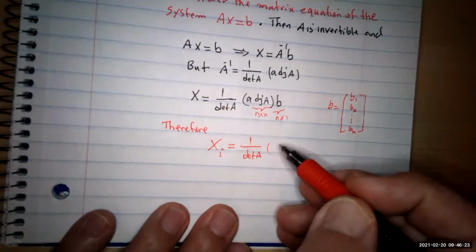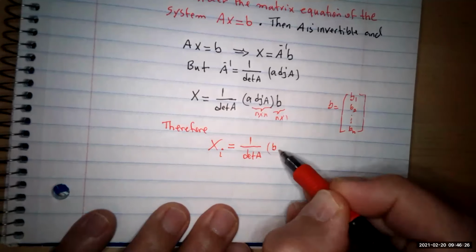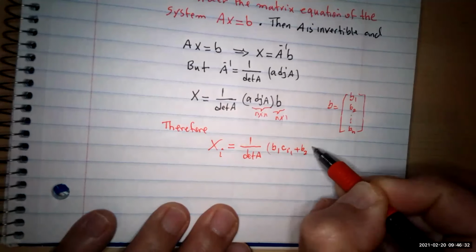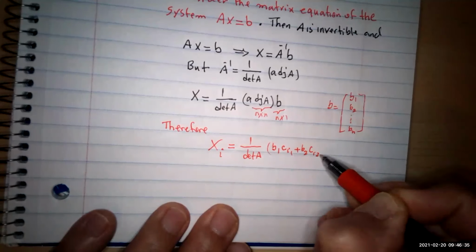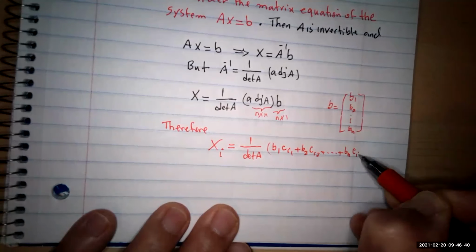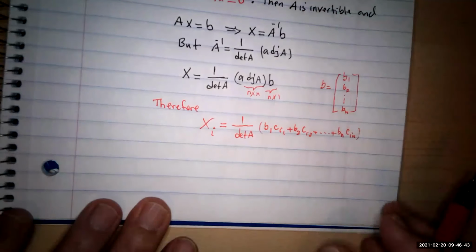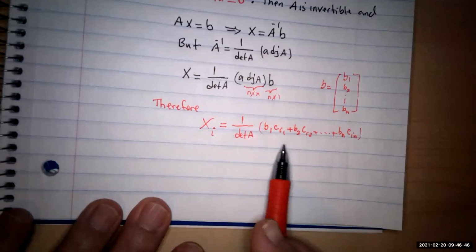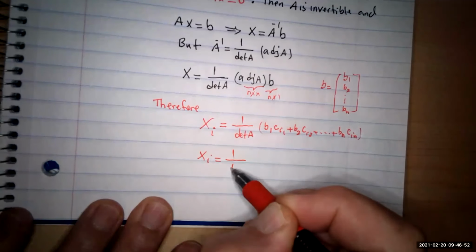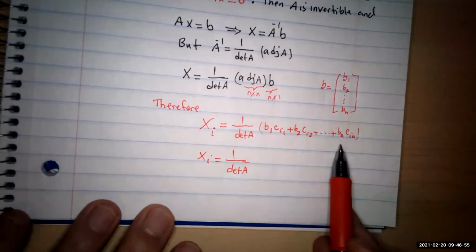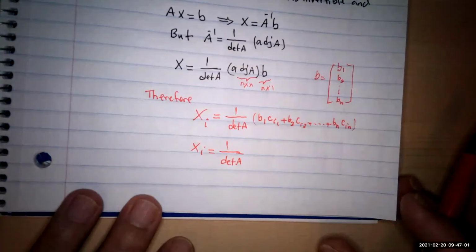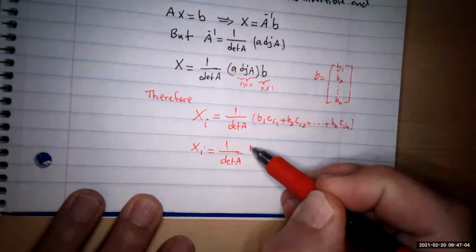That gives B1 Ci1 plus B2 Ci2, and you continue to Bn Cin. And this is exactly, xi is equal to 1 over the determinant of A times the determinant of that matrix we talked about, the matrix Ai.